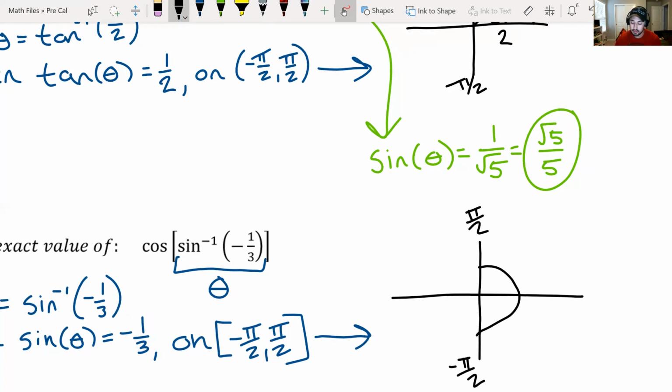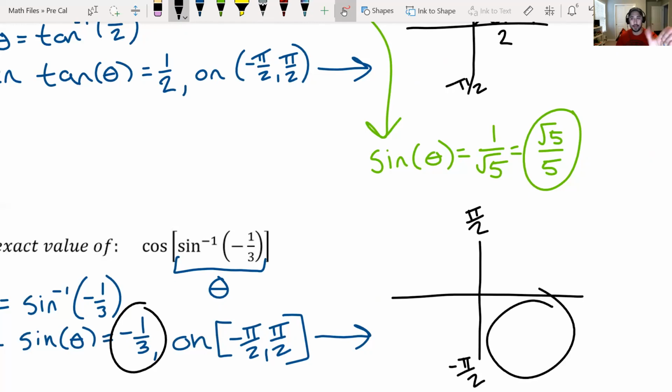The only difference between the two is that pi/2 and -pi/2 are included. Okay, so now come back and look at this value for sine. That is -1/3. So does that mean we are in the first quadrant or the fourth quadrant? Where can sine be negative? And if you picked the fourth quadrant, you are correct.